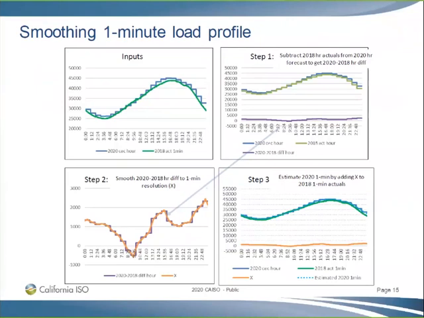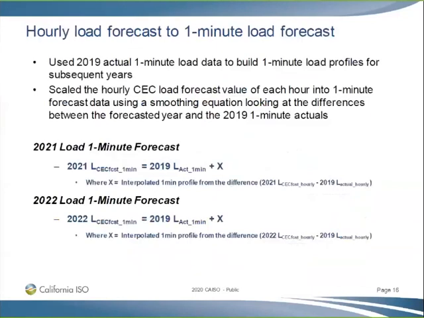It's hard to see the variability on the top right, but when you change the scale from minus 1,000 to 3,000 megawatts, you can see how variable it is. The smoothing technique is that orange curve that they try to align, looking at the hourly variability. Then the next slide shows the formula that we use.